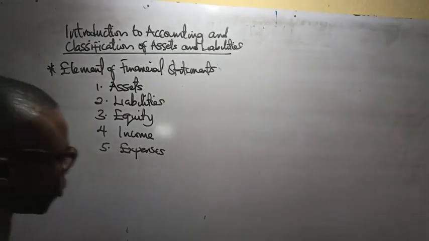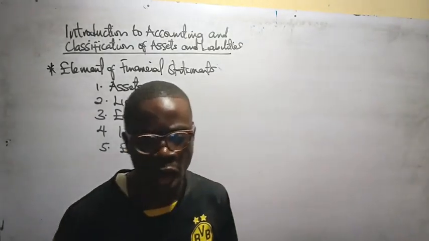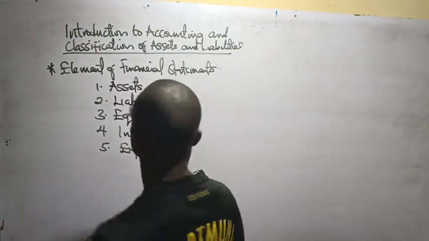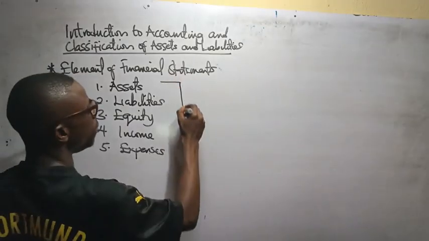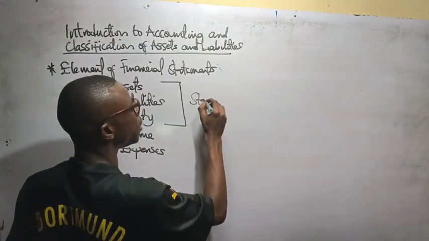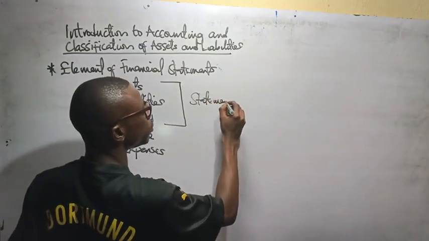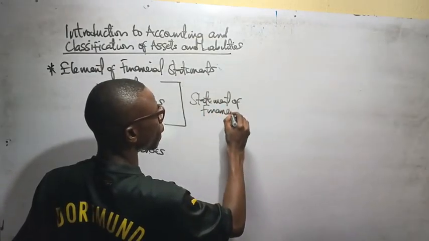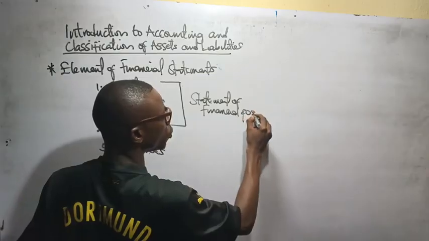Now let's go to asset. Now, what do we refer to as asset? Before I go there, these 3 elements, asset, liability, equity, can be found in your statement of financial position.